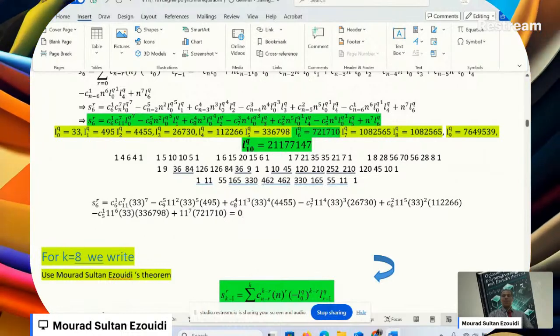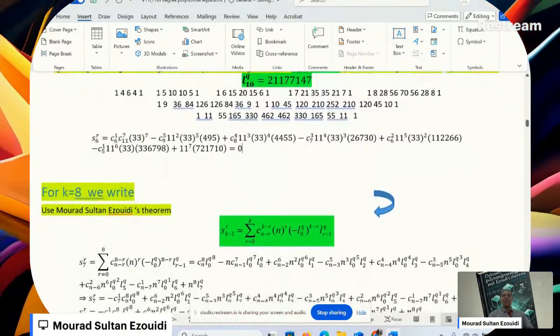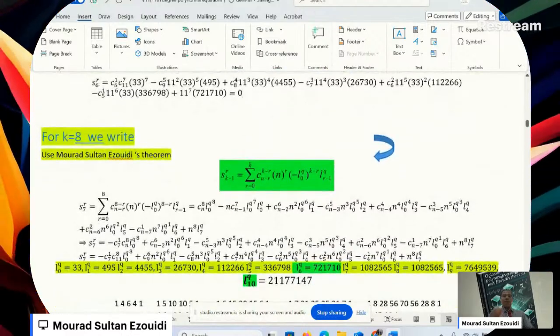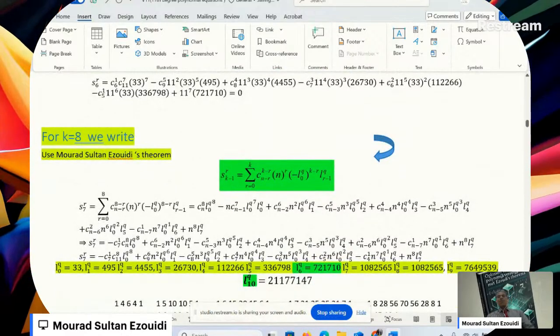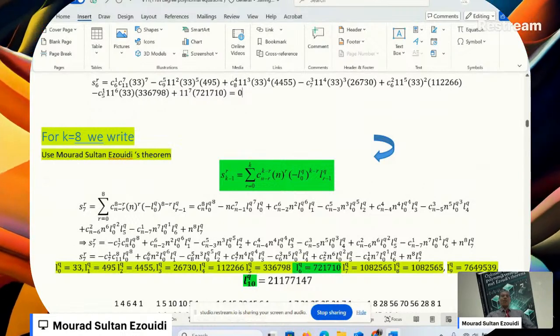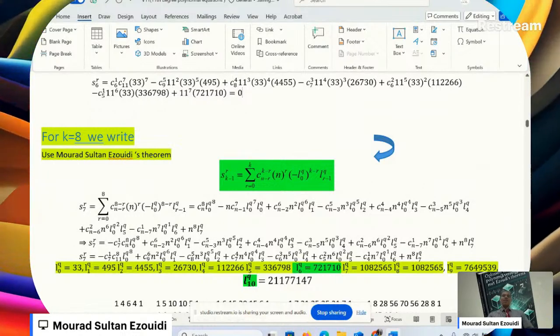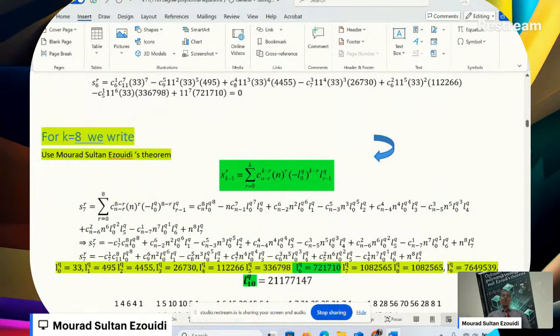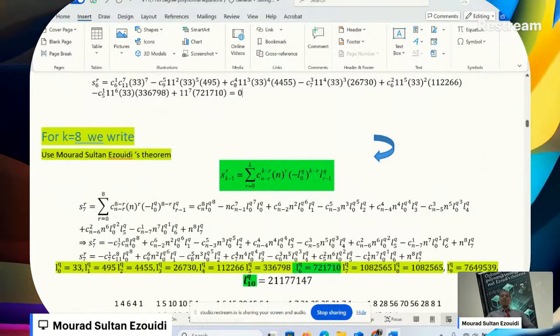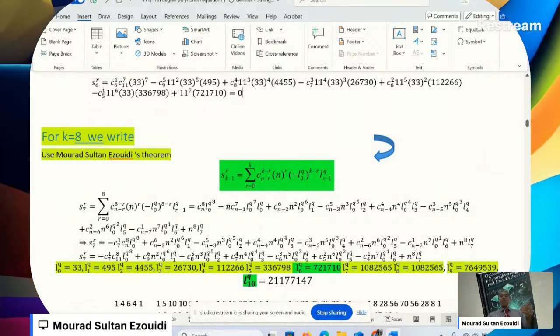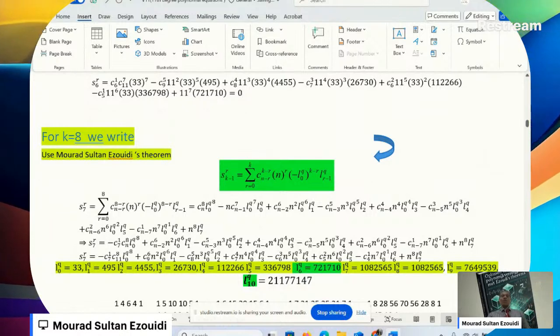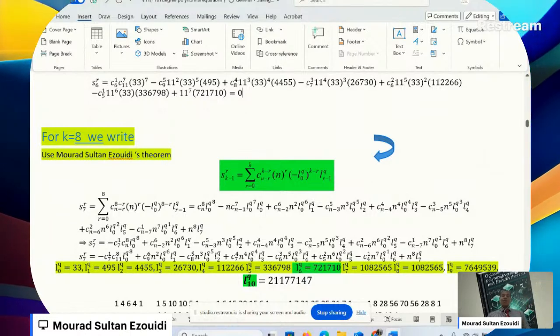So we continue. He did his best, but Mr. Mourad Sultan Ezouidi involved his tools and techniques, and discovered something really unbelievable, and made things which are insoluble to be solved.